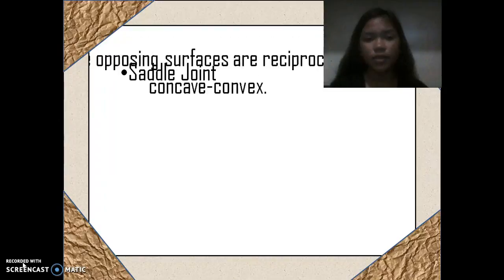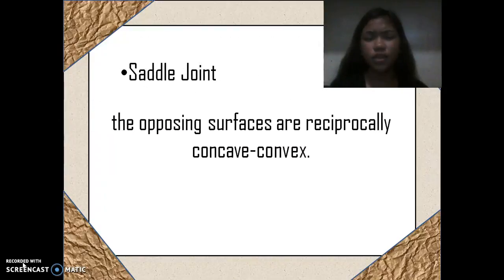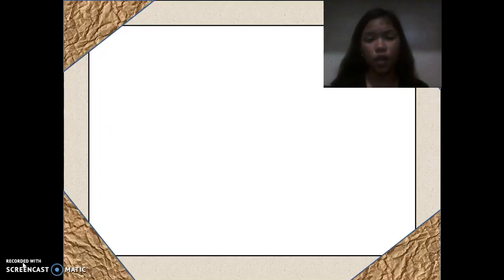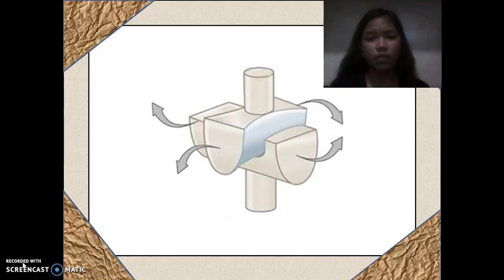Saddle joint. Saddle joint is where the opposing surfaces are reciprocally concave-convex. The examples of the saddle joint in the human body include the carpometacarpal joint of the thumb and between the malleus and incus in the middle ear.